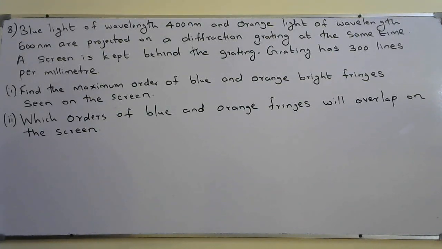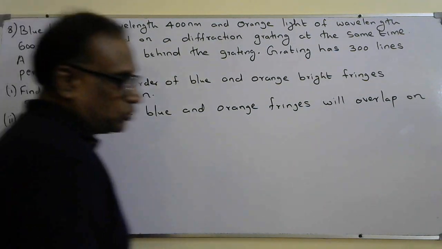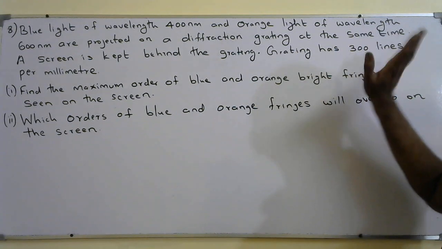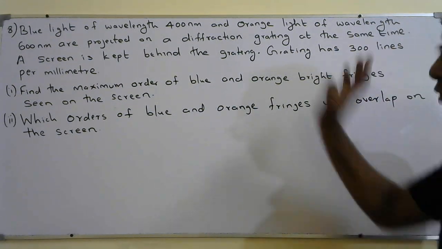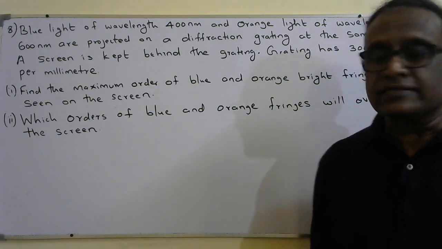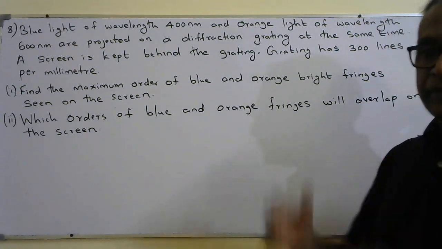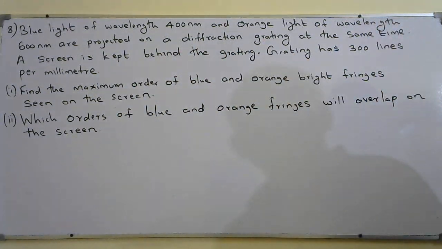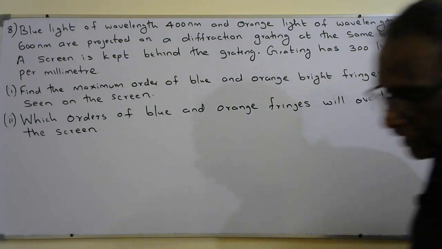Okay, so this question, eighth question: blue light of wavelength 400 nanometer and orange light of wavelength 600 nanometer, both coherent sources, otherwise the fringe pattern will scroll, are projected on a diffraction grating at the same time. A screen is kept behind the grating. The grating has 300 lines per millimeter.